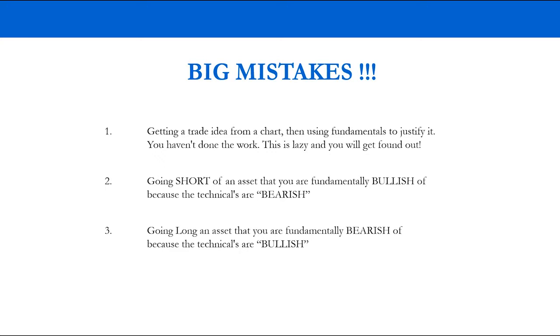The opposite also holds true. So going long an asset that you're fundamentally bearish of because the technicals look bullish in the short term. So you have a fundamental predisposition that you believe the currency pair will go down in the next 1 to 3 months by 10%.